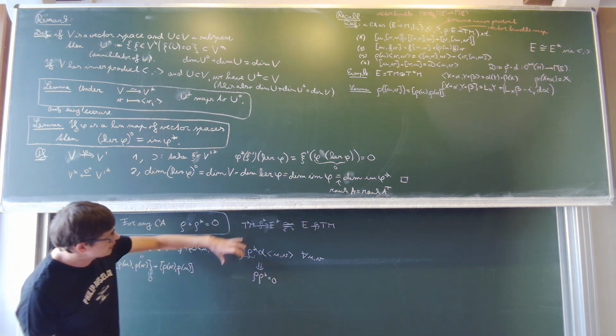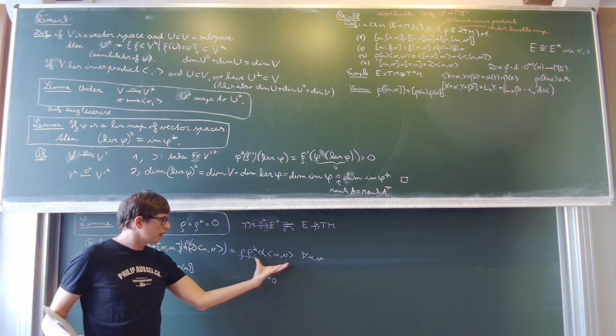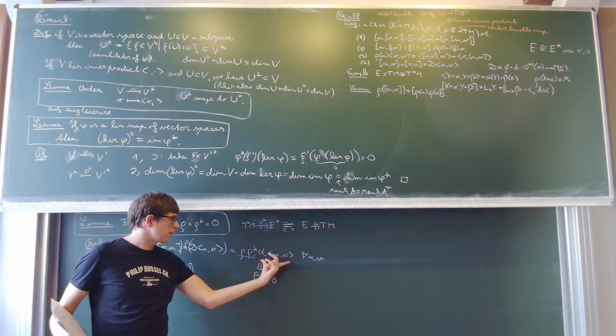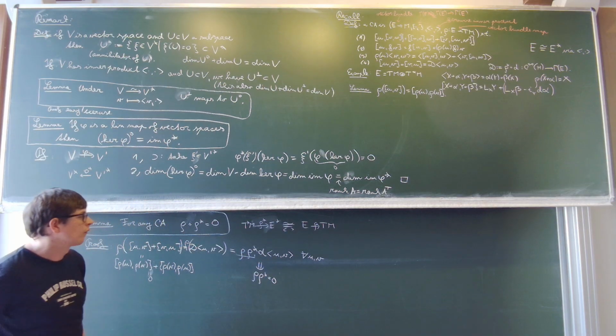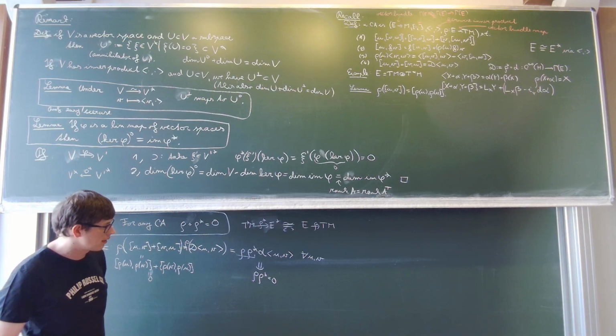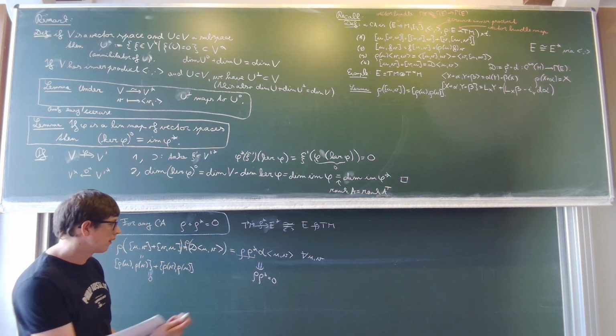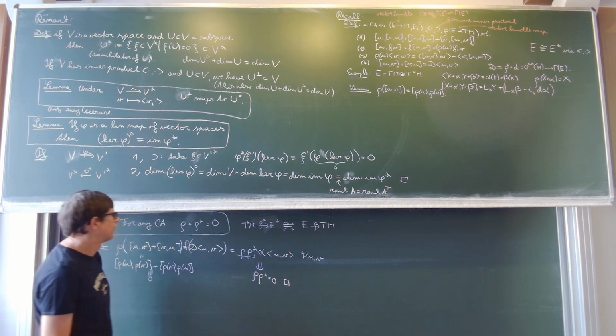Or in other words, at any point you can create any covector from something like this, and this is a point-wise thing. So this is a vector bundle map, and hence this has to vanish. It's enough to show it on the exact forms. That's the end.